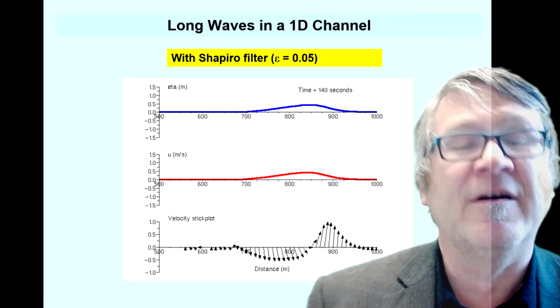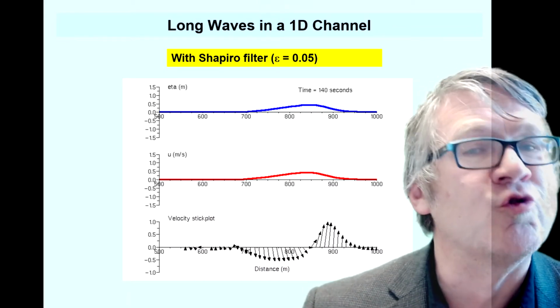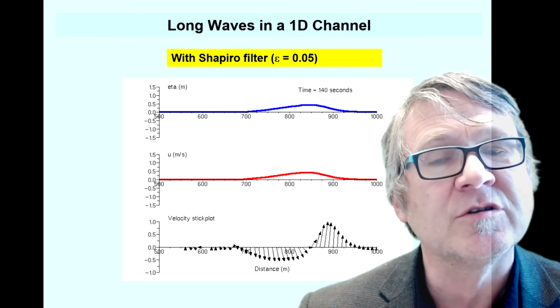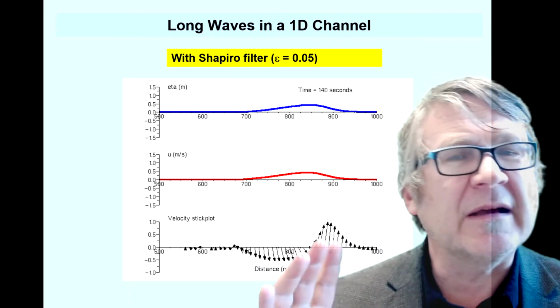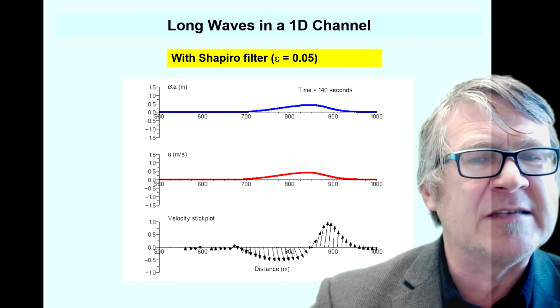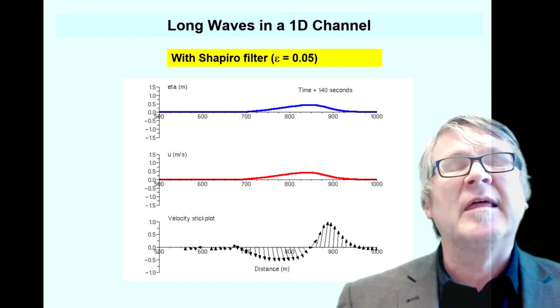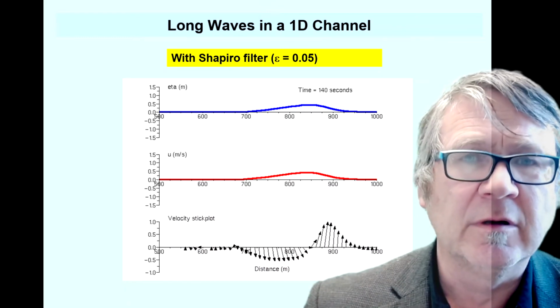But eventually you might filter away a true part of the physical solution. Why can this happen? This separation into two is something that we call amplitude dispersion.